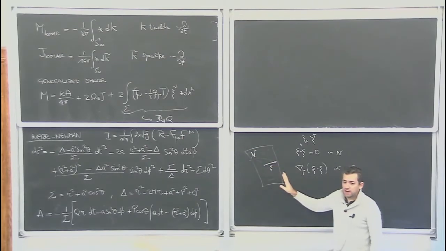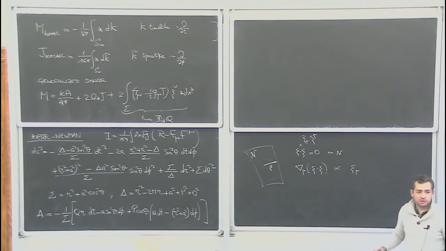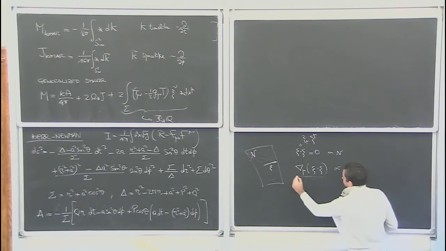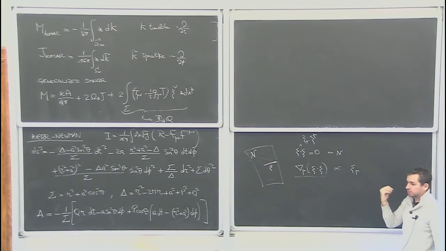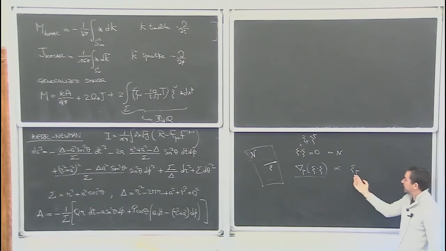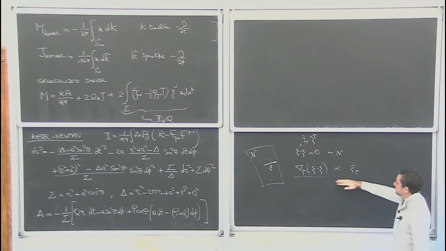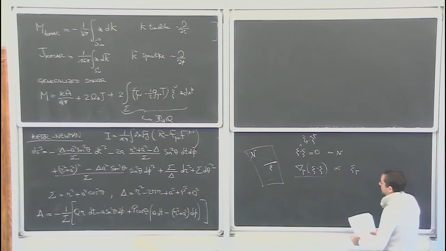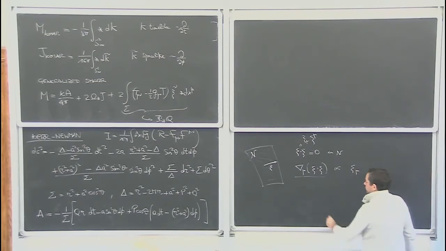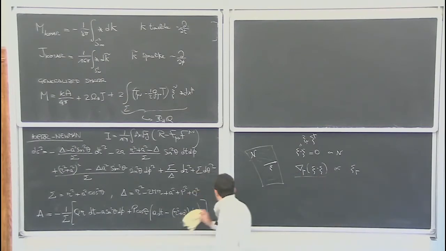So the only non-zero part of this gradient is when I move orthogonally to the hypersurface, and the normal vector is xi. There is just one normal vector because it's a codimension 1 hypersurface. So the normal to the hypersurface is proportional to xi. This was the starting point for showing the formula for the surface gravity. Is this okay? It was just a small remark.